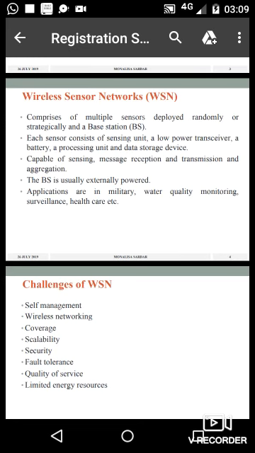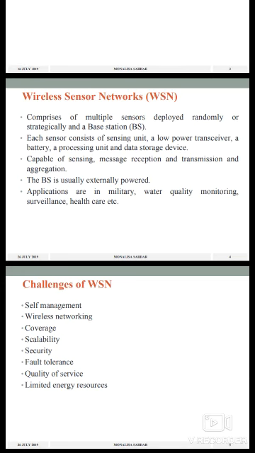And also fault tolerance, these sensors can easily get destroyed, and they are always in a hostile environment, so if the sensors are destroyed, then the data that they collected also gets destroyed with it. It is very important to ensure that they are fault tolerant. Quality of service and limited energy resources, we already discussed that they have a battery, and if the battery dies out, then these sensors are useless. So it's very important that all these issues are dealt with.